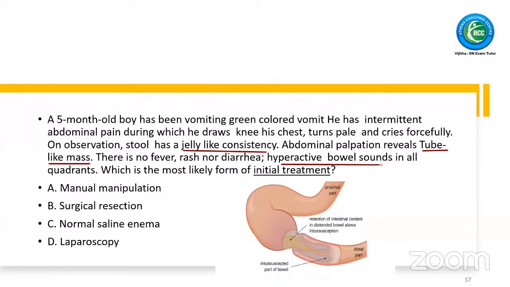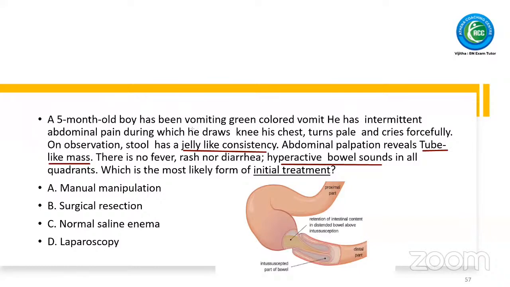Abdominal examination reveals pain, where during the assessment the patient draws his knees towards the chest. So that is indicating the patient is having severe pain.